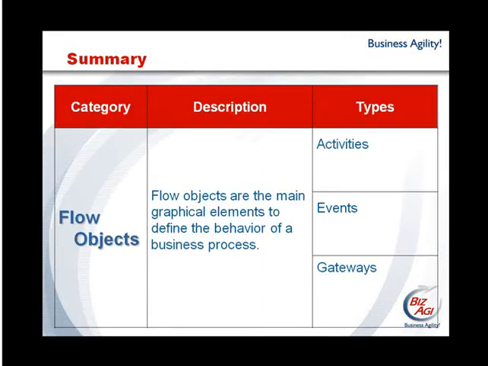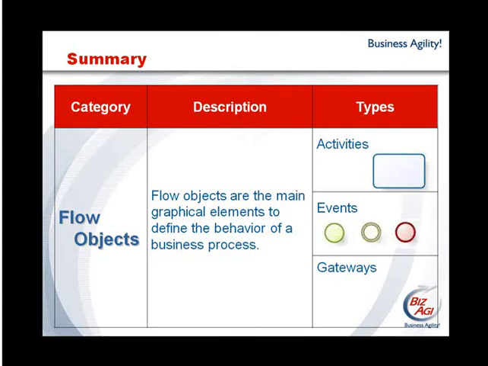BPMN defines a business process diagram based on the technique of a flowchart. This business process diagram provides a collection of elements classified into 4 basic categories that facilitate the diagramming and understanding of a business process. Within the four categories, we find the flow objects that are the main elements that are used for diagramming a process. Within the flow objects, we find the activities that represent a work performed within an organization.